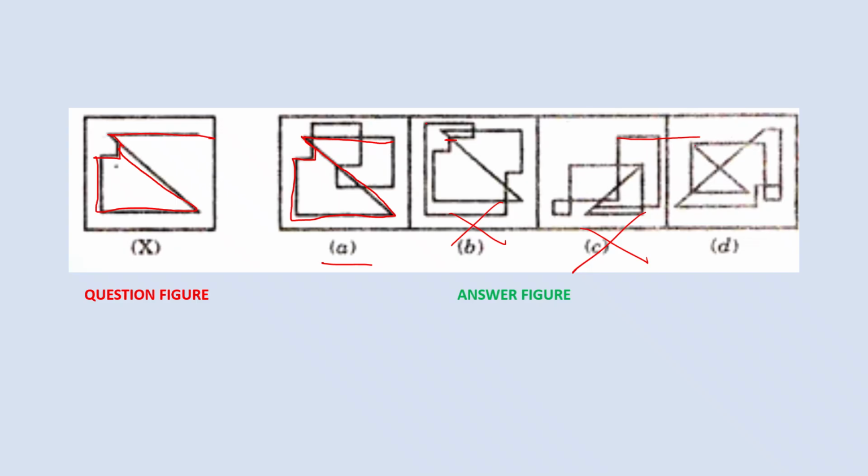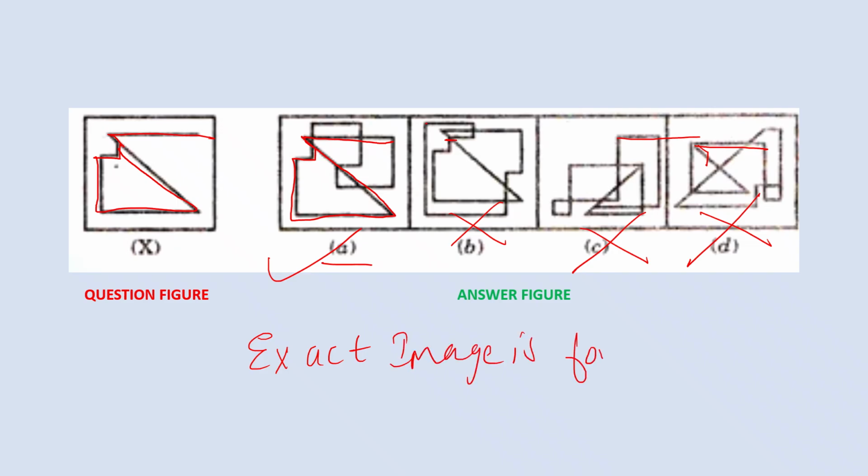You have this, but there is something like this here, and then down here, that also you can't see in option D. So the correct option is option A. The exact image is found in option A. Okay, so option A is the correct one.